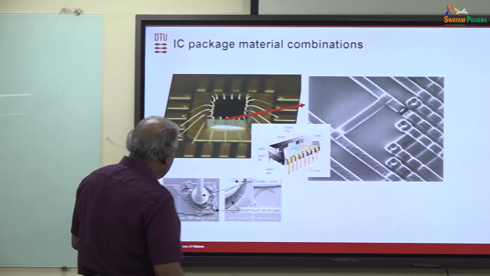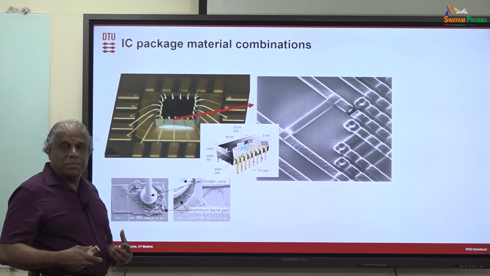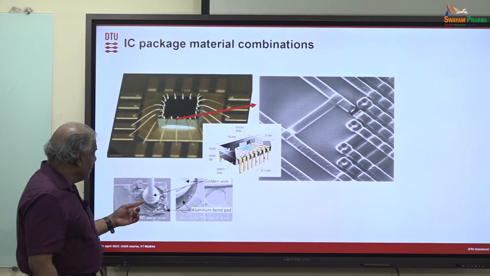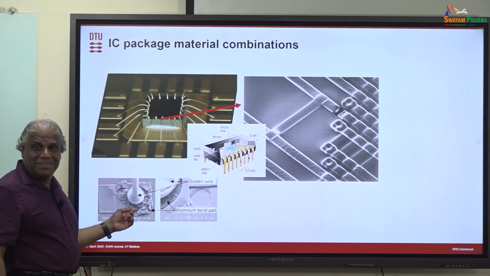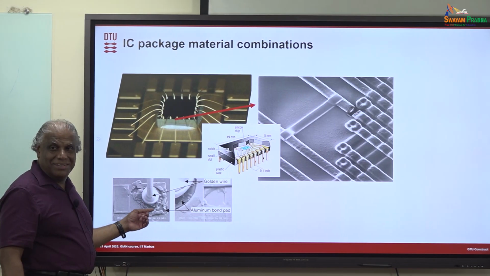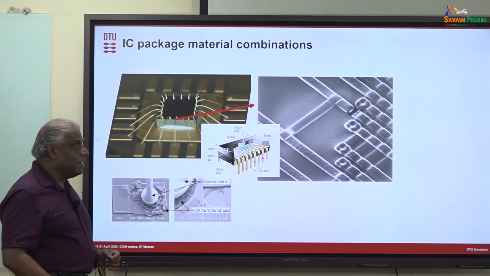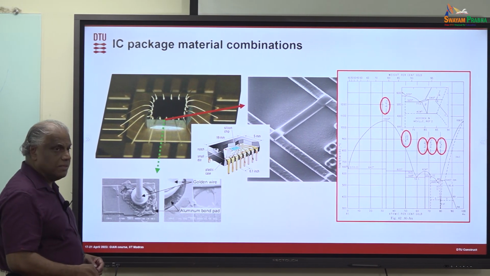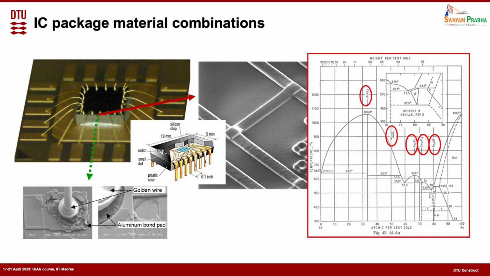But the problem is that now the ICs, integrated circuits, are used in much heavier applications, such as automotive, with a heavy environment. When the environment gets inside, that's not a good combination, right? Electrochemically, that's not a good combination. In addition, there is another problem: between gold and aluminum, you can form a lot of intermetallics.